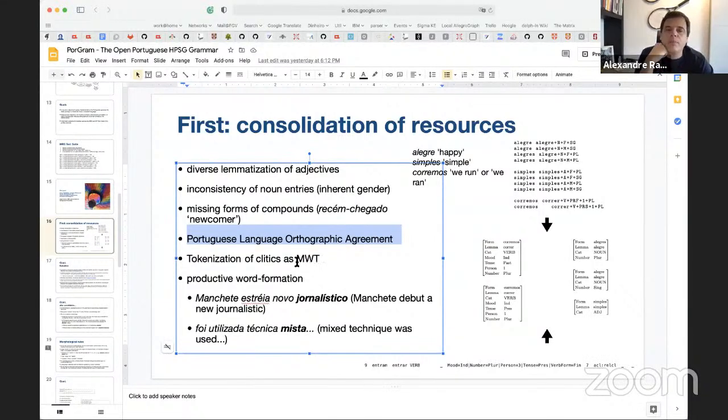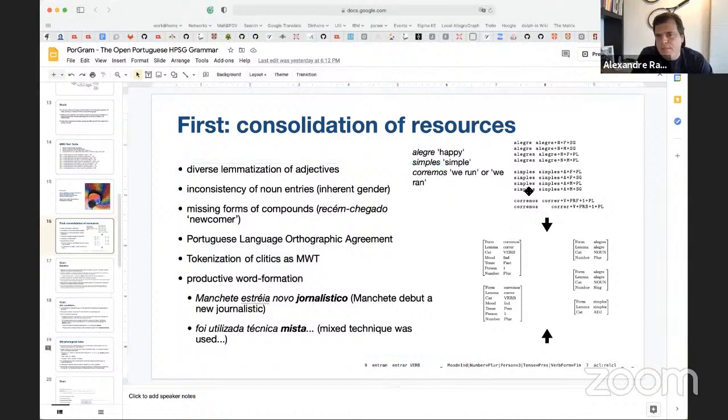We have tokenization issues, differences between the corpus and the formalization, and also productive derivations, like the cases where in the corpus an adjective is being used as a noun or a verb is being used as an adjective, and how to deal with that in general. The ways to treat those situations are a little bit different between the corpus, the way that we want to do it in the grammar, and the way it was in the dictionary, right?